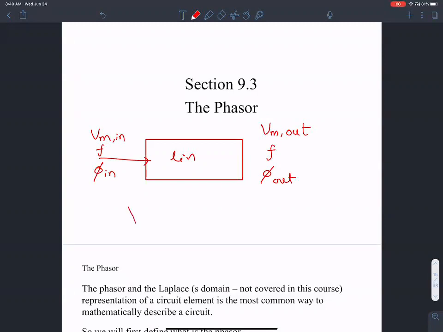So I need to be able to understand the relationship between Vm input and the phase of the input versus Vm output and the phase of the output.